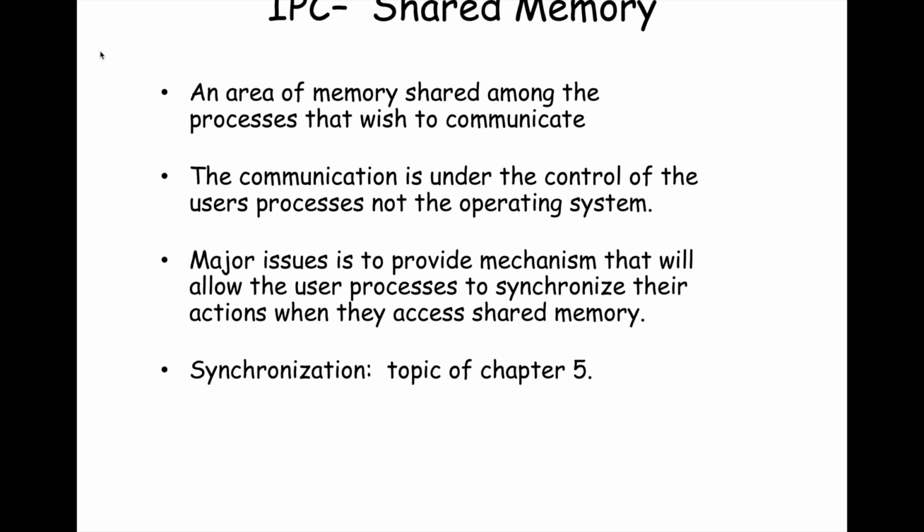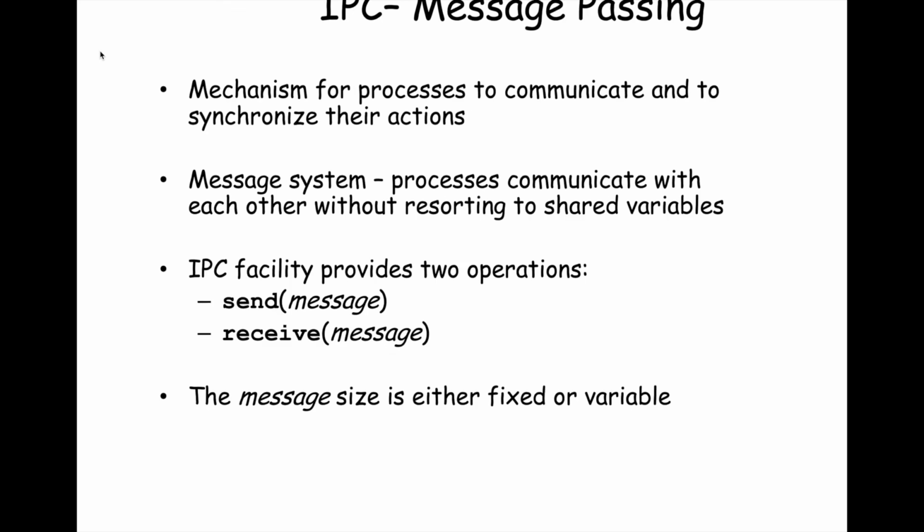Okay, so we're not going to talk about the synchronization now, that's coming probably in another couple weeks, but certainly it's a very important consideration. How do you know when a certain process is allowed to either produce, write something in, or consume, read something out? Okay, so you need a mechanism to allow processes to communicate using shared memory.